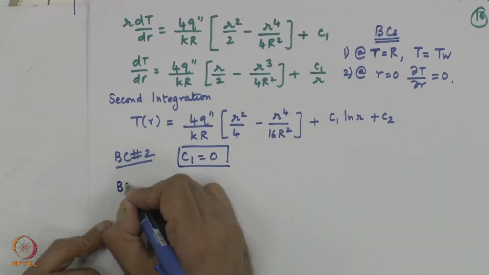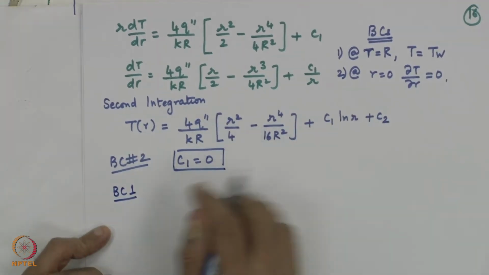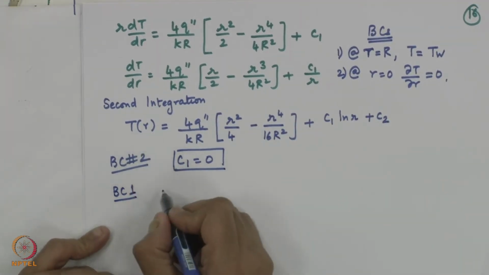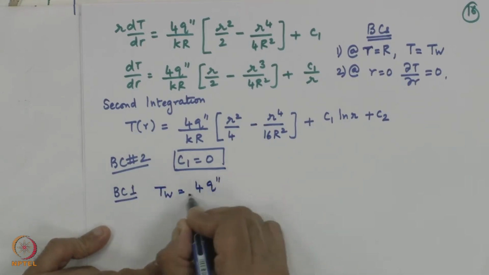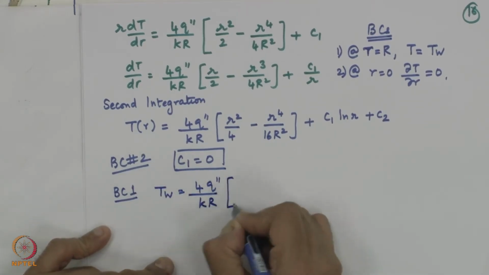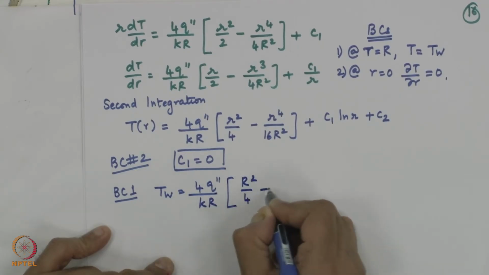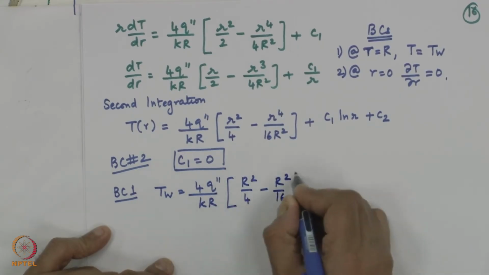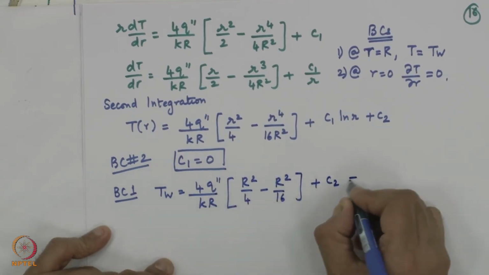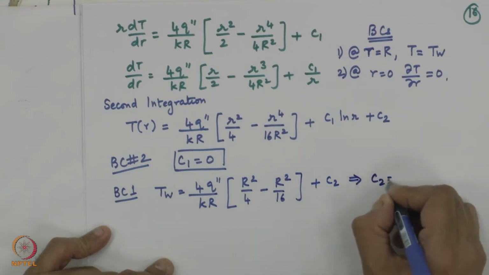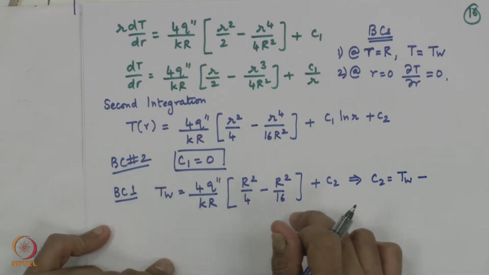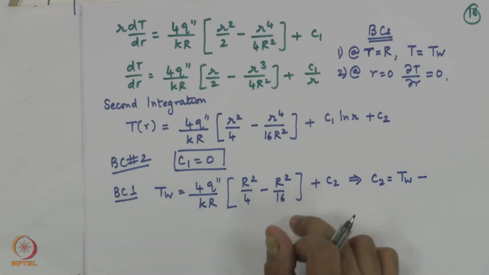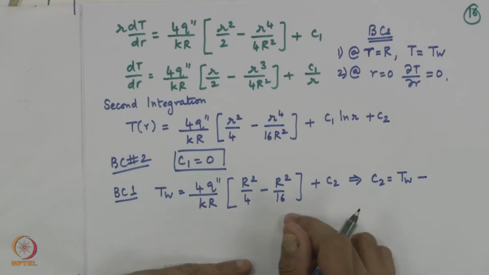So, now BC1, T wall. So, T of r equal to capital R is equal to T wall. So, TW is equal to 4 q double prime by k capital R, R squared by 4 minus R squared by 16 plus C2, which implies C2 is equal to TW minus R squared by 4 minus R squared by 16, which is nothing but 3 by 16 R squared, correct.